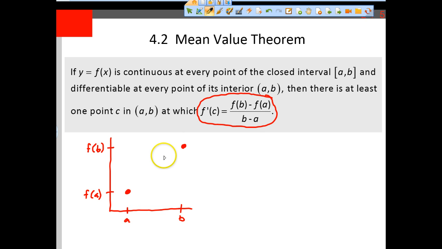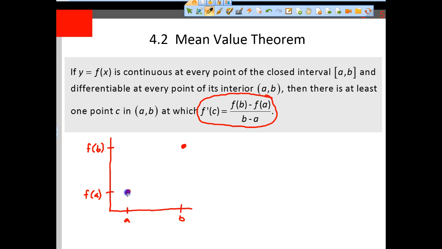But the next part is that it is differentiable at every point of its interior, meaning when you go from one point to the other, it must be a smooth curve, right? So no corner points, cusps, no asymptotes, no jumps, anything like that, right? So for the easiest picture, now please don't draw this just yet. I will tell you when I want you to draw this curve.